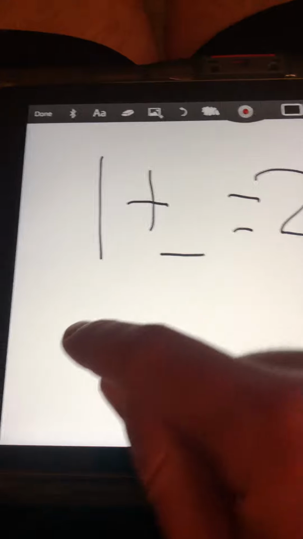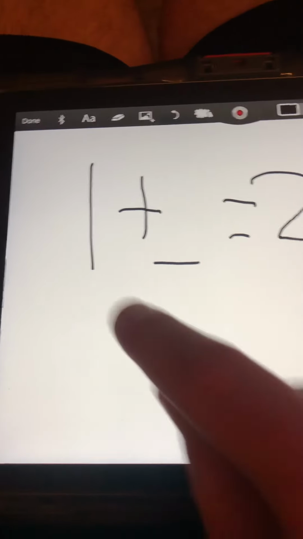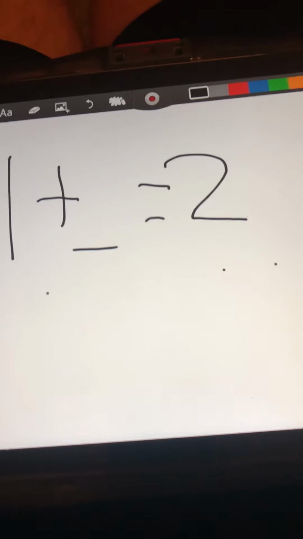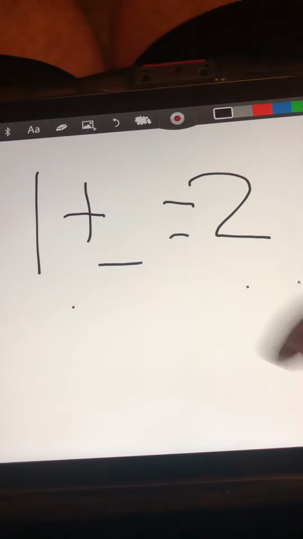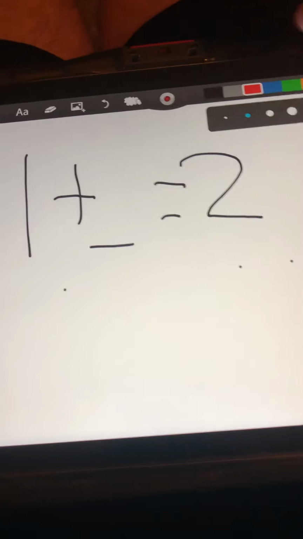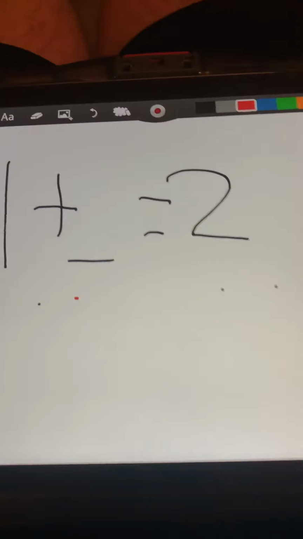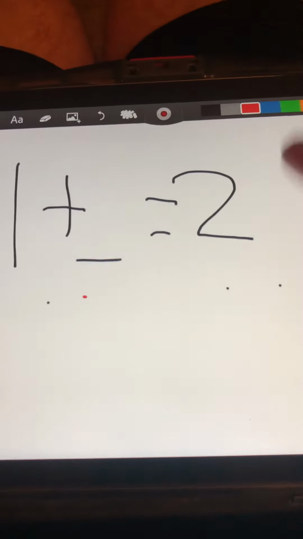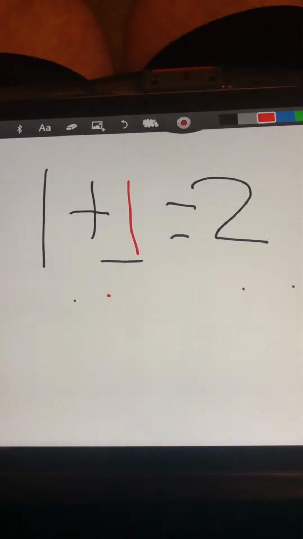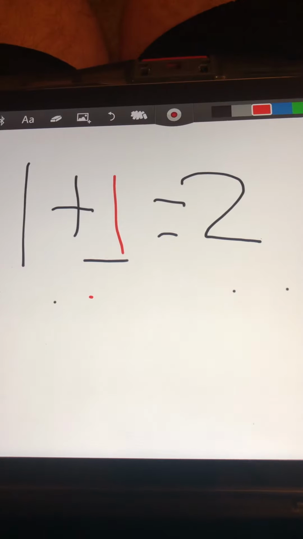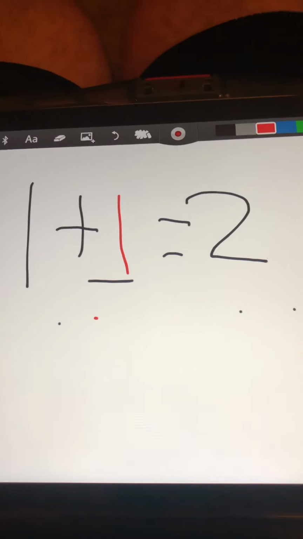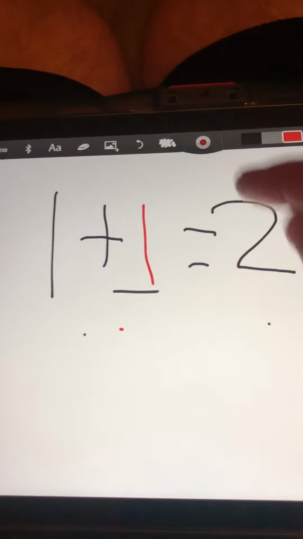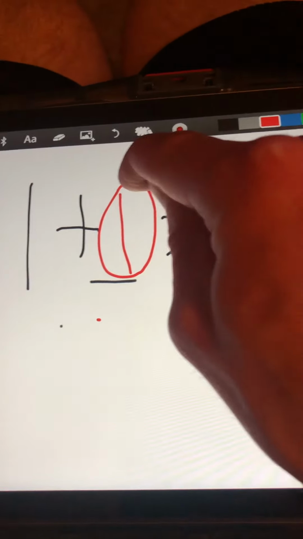Well, we have 2 on this side, 1 on this side. If we just add 1 more on this side, now we have 2 on this side, 2 on that side. So 1 plus 1 equals 2. So that means that he spent 1 hour reading to the classroom.